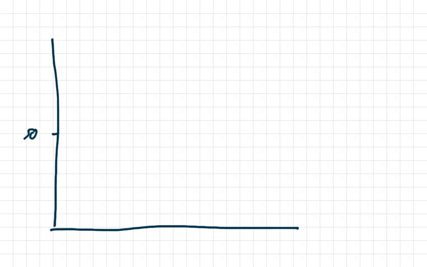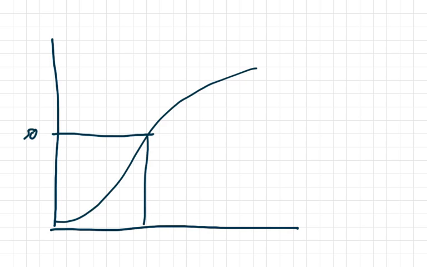Here's 50, and I want you to go across from 50 until you hit the curved line, and then go down. When I go down from 50, it looks like it's about 41. So the 50th percentile, I would say, is 41 years old.